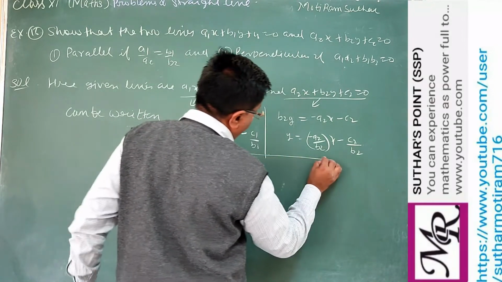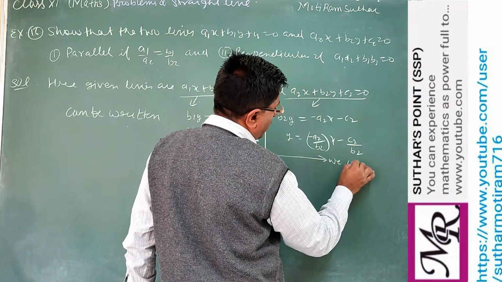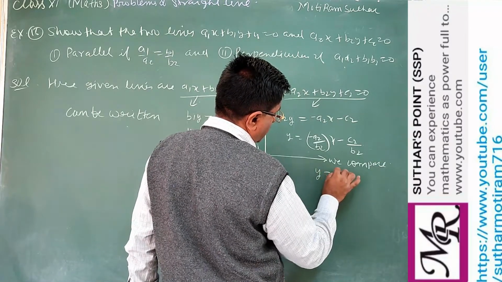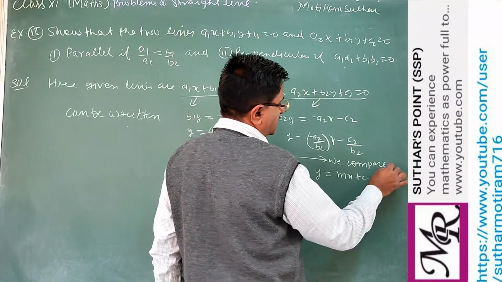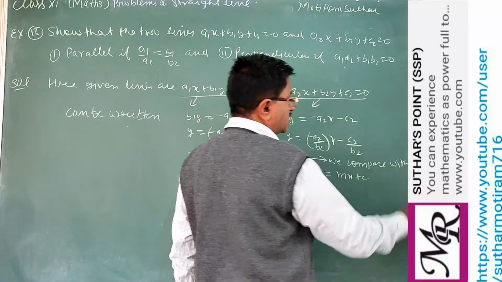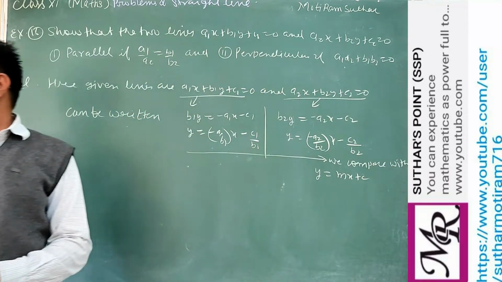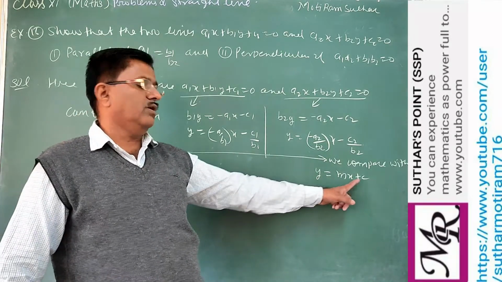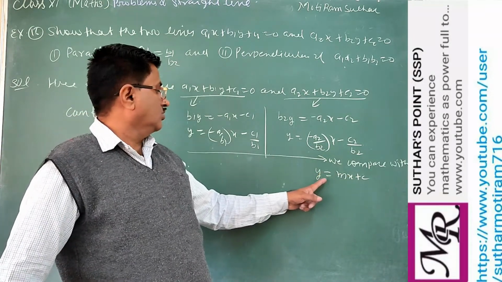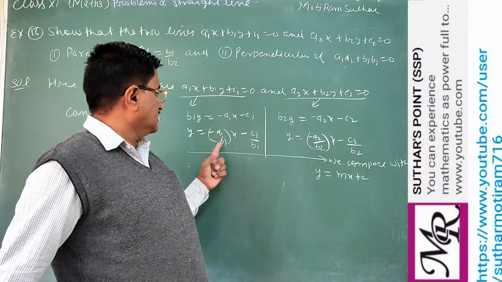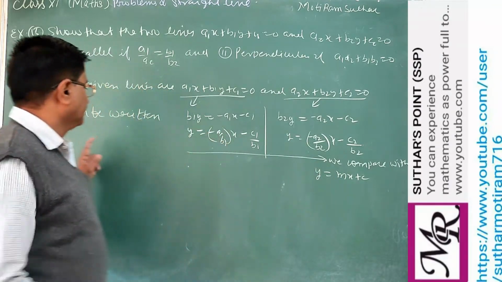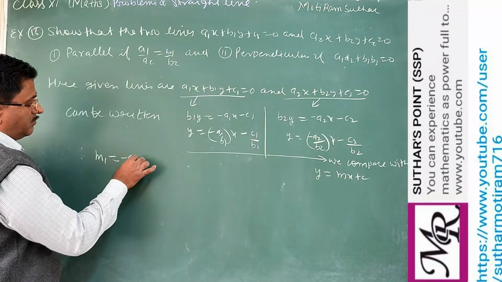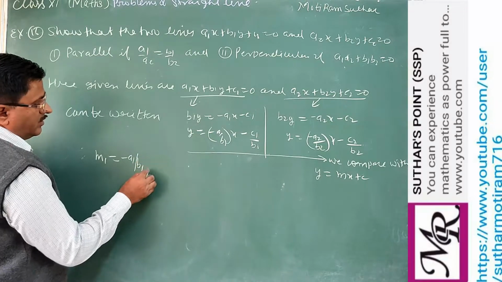Now both lines we compare with the slope form y = mx + c to find their slopes. So here m is the slope of the first line. Therefore m1 = -a1/b1.